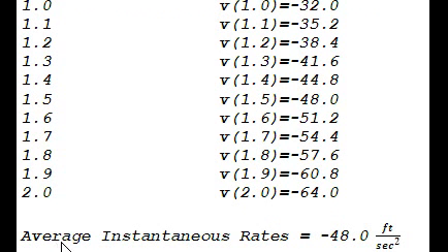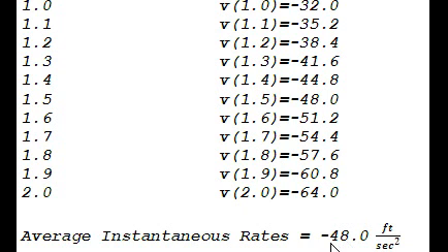I was curious to know what is the average of the instantaneous rates at each one of these points here, 1 and 1.1, 1.2. So what I have done is I found the velocities, you can see here, at each one of these increments, and then added them all up and divided by 11, because there's 11 data points here.